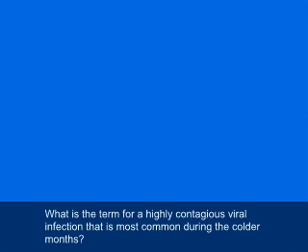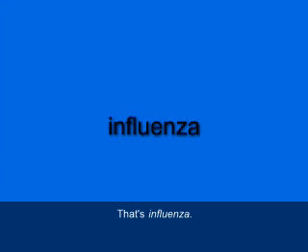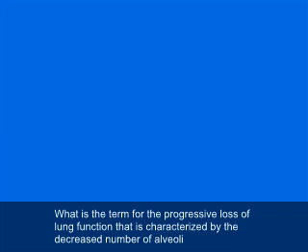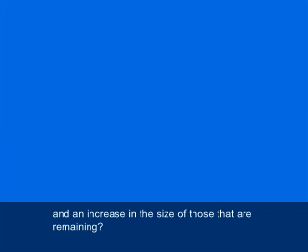And what is the term for a highly contagious viral infection that is most common during the colder months? That's influenza. INFLUENZA. And what is the term for the progressive loss of lung function that's characterized by the decreased number of alveoli and an increase in the size of those that are remaining?